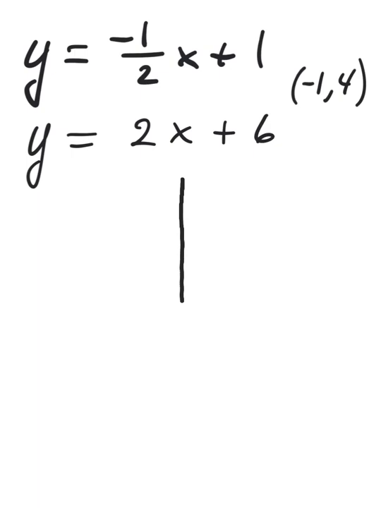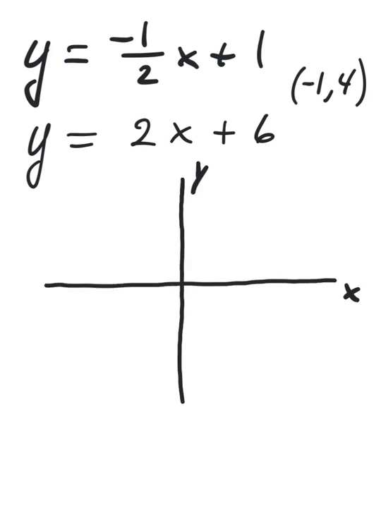Now I'm going to have to eyeball and hand draw this. If you had a grid, you could carefully draw by plotting points and using a straight edge, and you could really visually verify that these are going to be a right angle intersection. Okay, negative 1/2 x plus 1. We're going to have a y-intercept at 1.